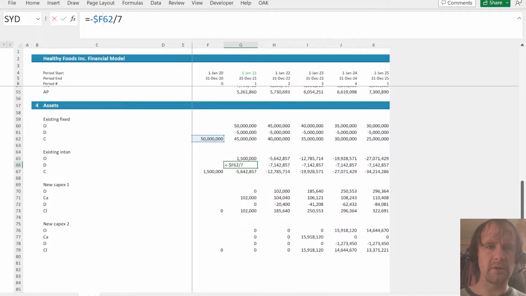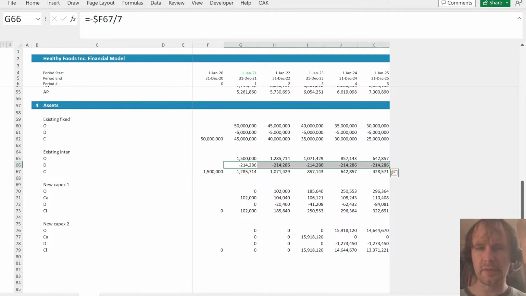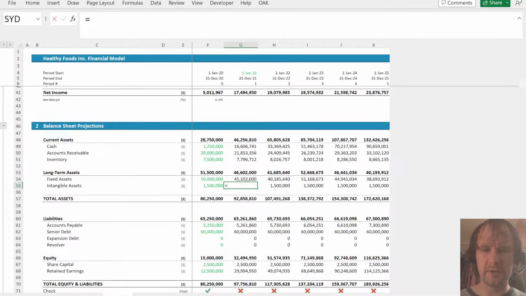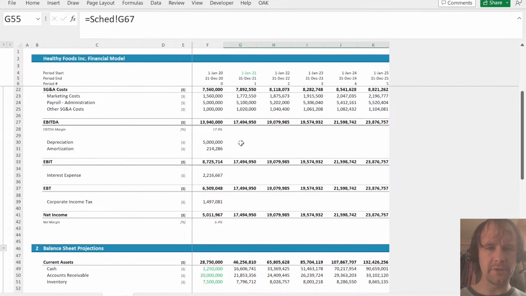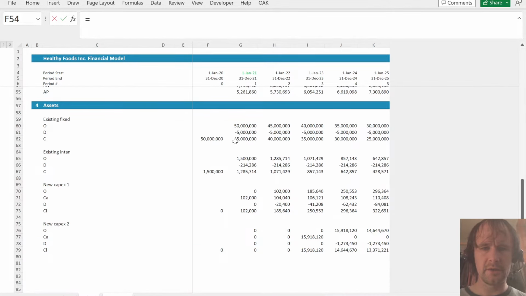I meant to lock the column, shouldn't have locked the row, so that needs to point to row 67. Carry that across, that looks much better. So then we'll take this, carry across. So a couple of things I need to do here. One, I need to feed my depreciation and amortization line. So this is going to be, we've got a negative sign, so minus that, plus this is amortization, so this plus this.